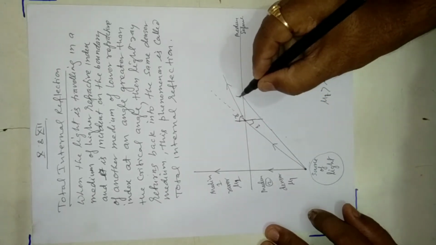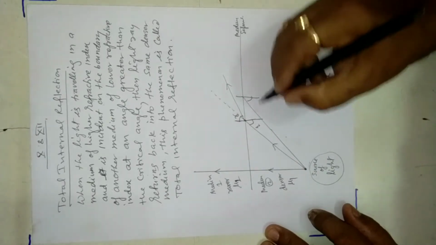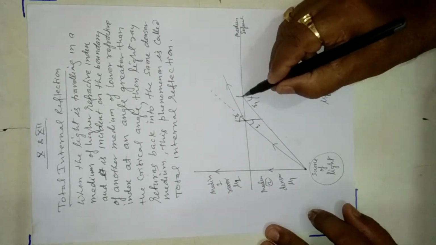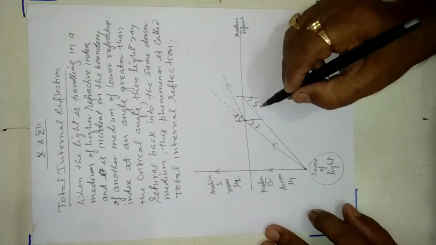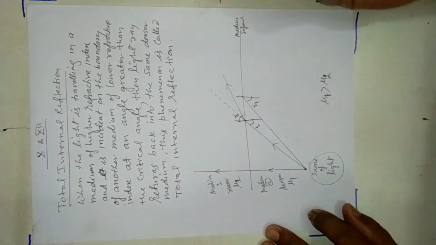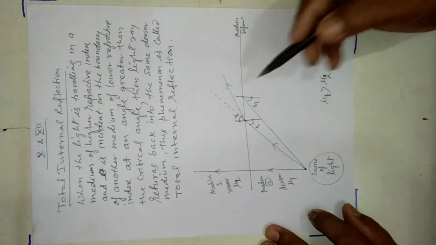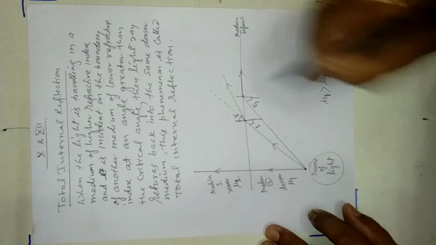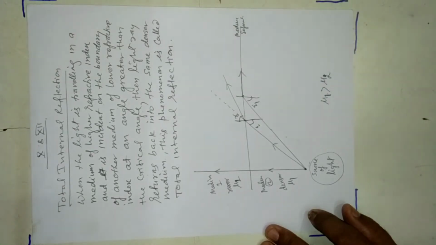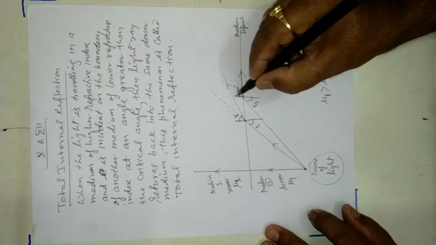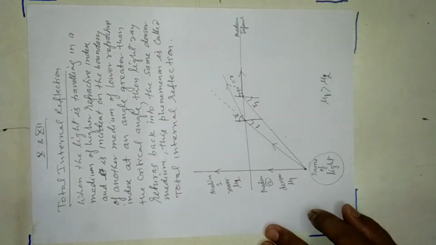Now the angle of incidence is increased. This is I1. Now the light ray gets deviated more from the normal, and it will graze the boundary. Here the angle of refraction is 90 degrees.